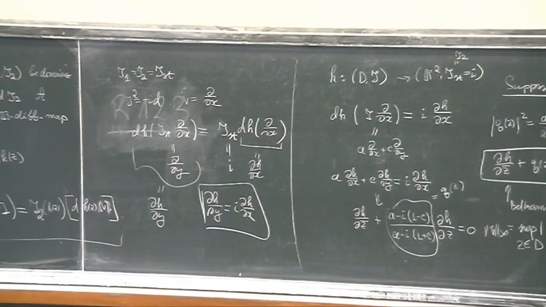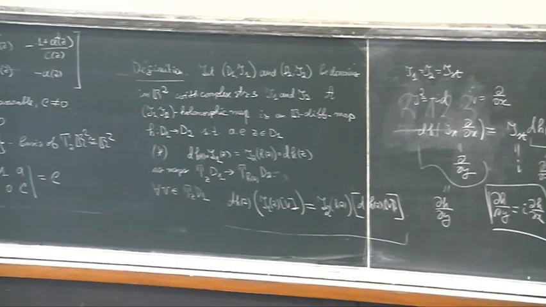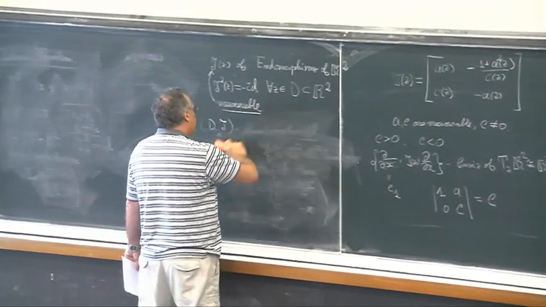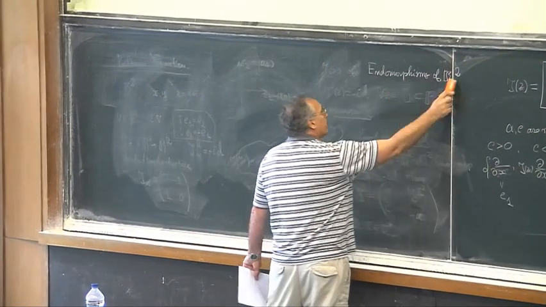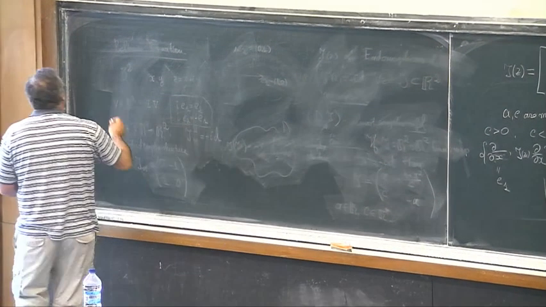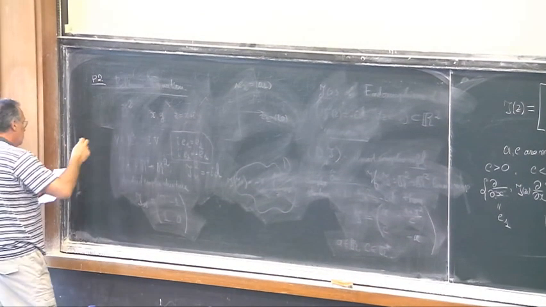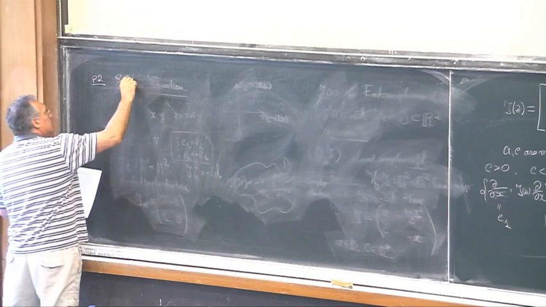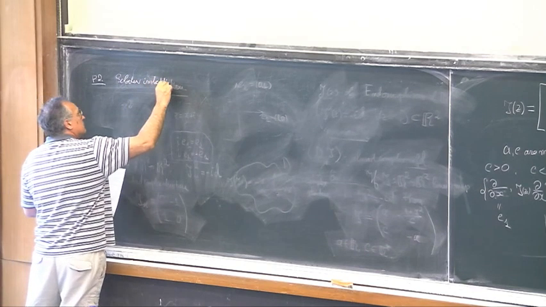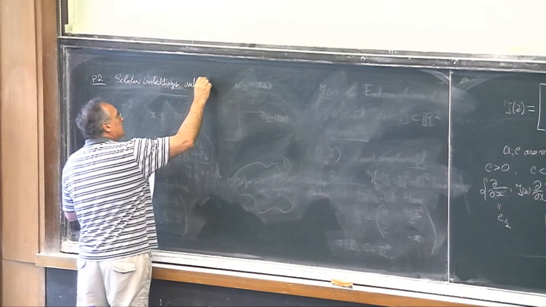The proof is roughly the same. The second point is Sobolev embeddings and Cauchy-Green operators.